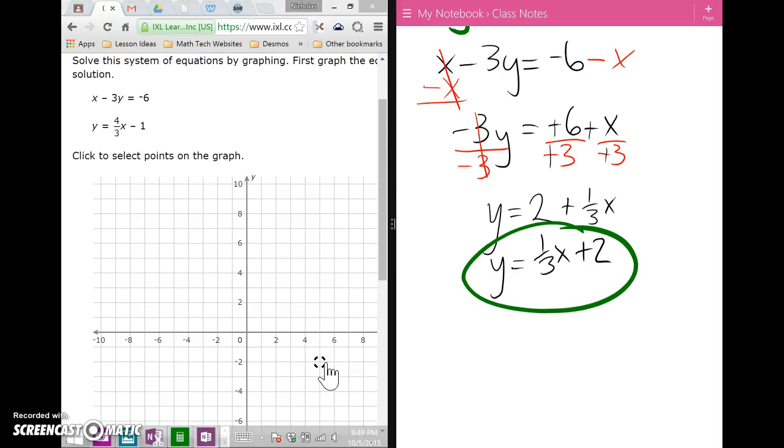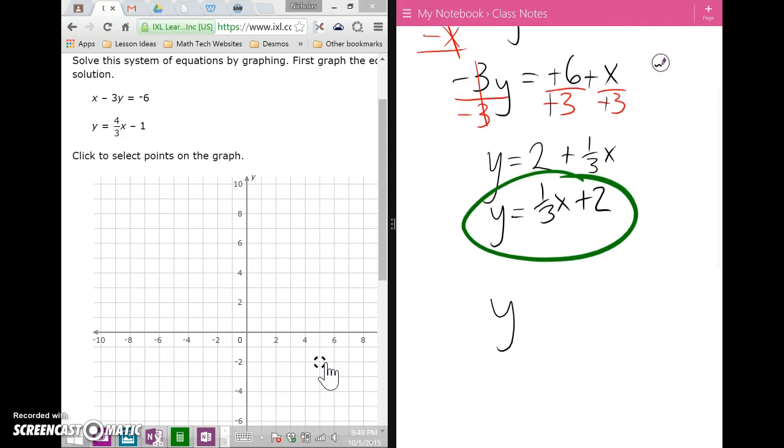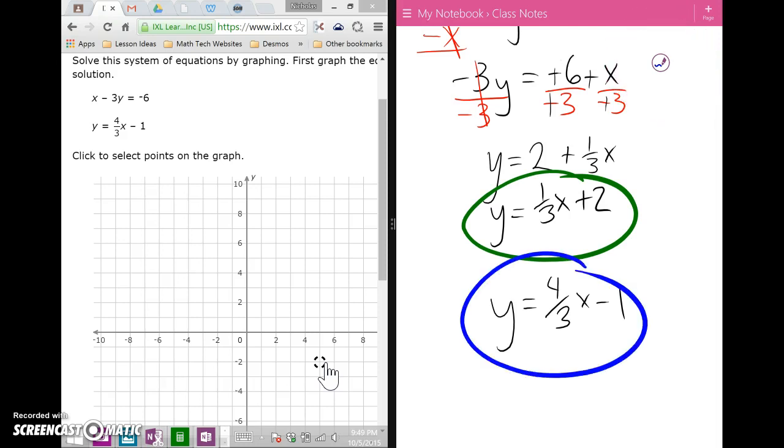And then the second one I'm going to do in blue. So let's write the second one, which is y equals 4/3 x minus 1. I'll tell you why I'm writing these over here in a second. So let's go ahead and graph them.